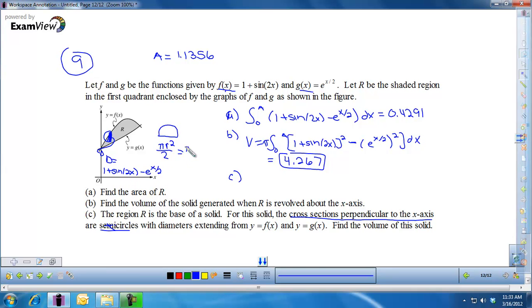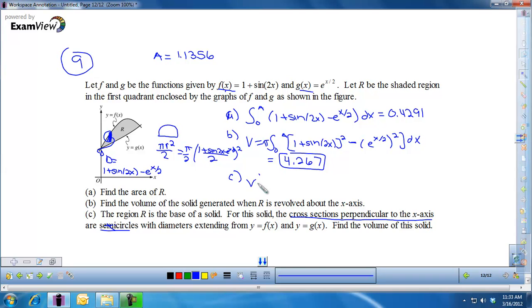So the radius is going to be half of that. So my area is going to be pi over 2 times the radius, which is my diameter divided by 2, squared. So that is the area of one of these semicircles.